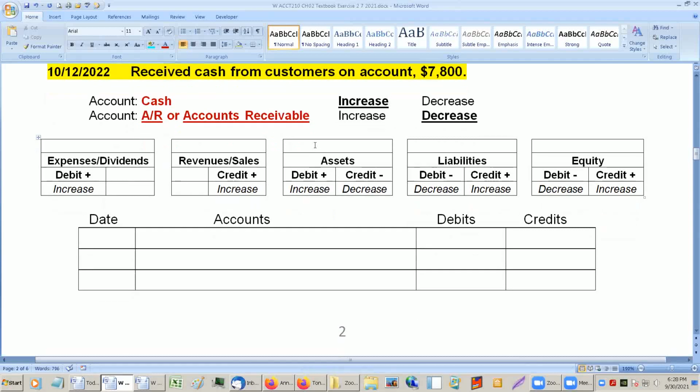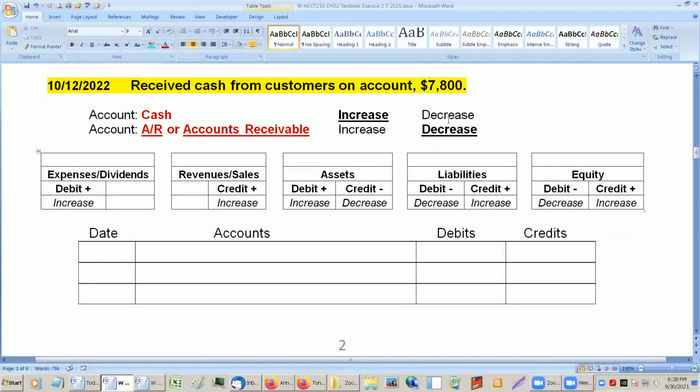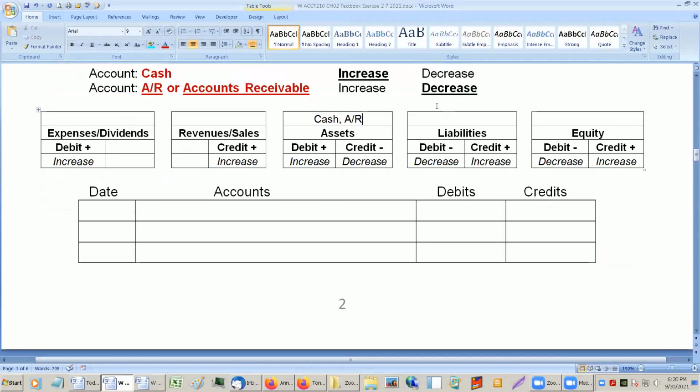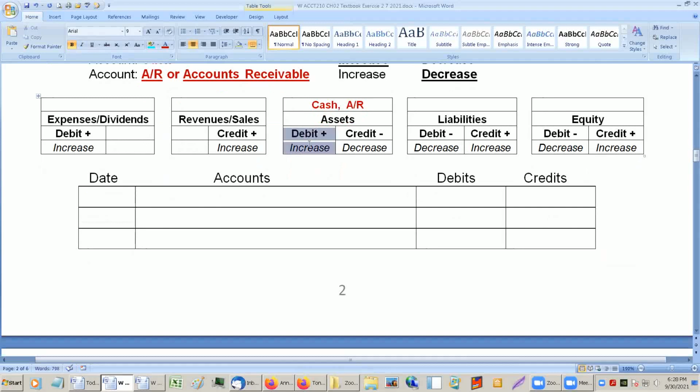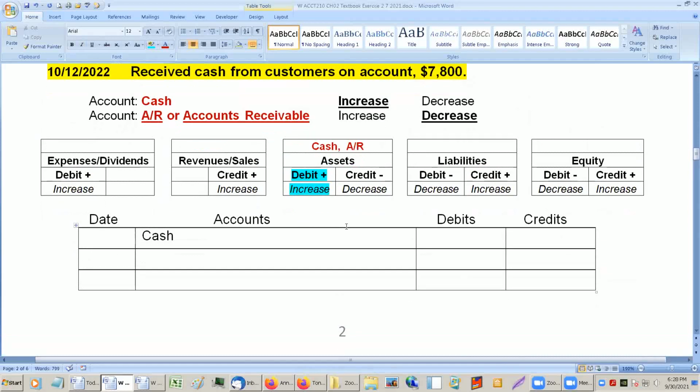Okay, so cash. This is accounts receivable. Let's leave it as AR. Okay, so cash, 7,800.